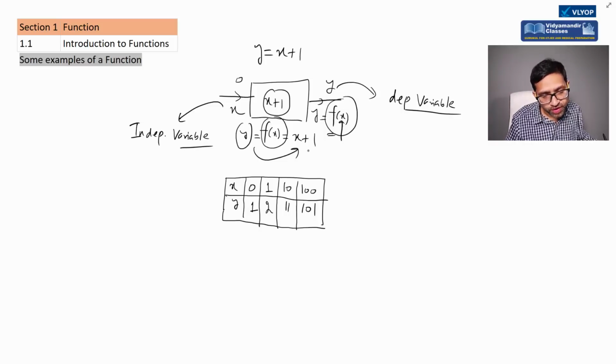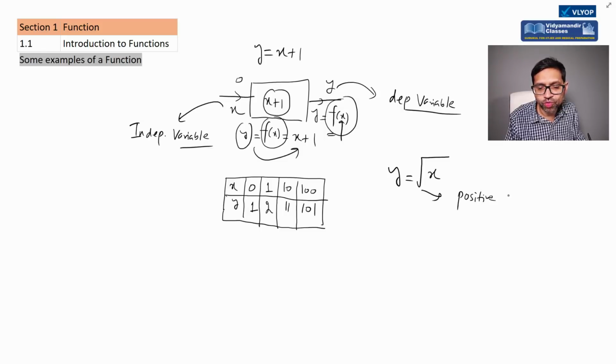So this is one example which is generating output. Another example can be y equals square root of x. In fact, this is what we call a positive square root function. One thing you should know before I continue further is that it's not a square root, it's a positive square root.